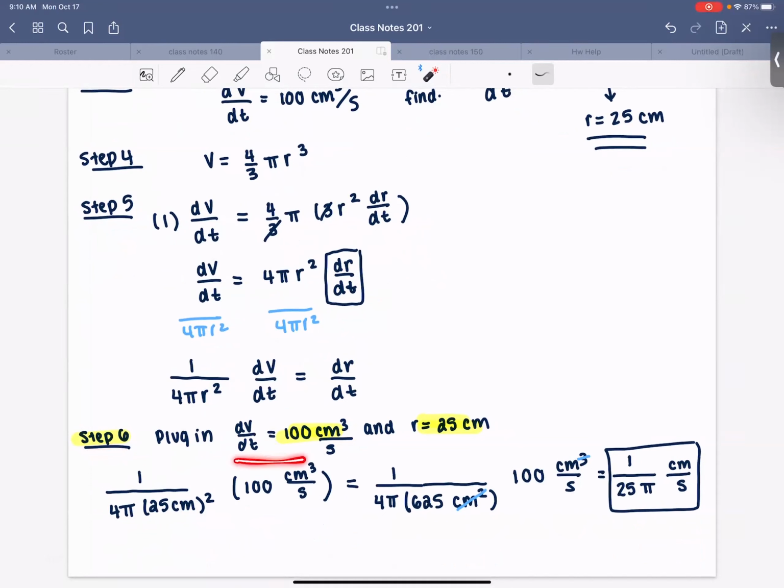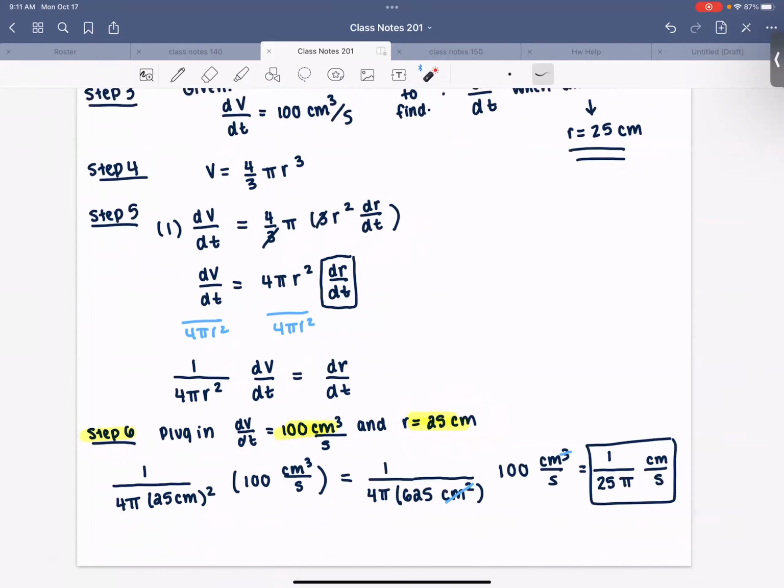So if it gives us dV/dt, like one of the derivatives, we can plug that in. And if I'm looking at the derivative at a certain point, like if it asks us to find the derivative when the radius is something, I would also plug in that number as well. The units work the same way as the numbers do. So your unit should work out just as if it were like a variable or something like that.